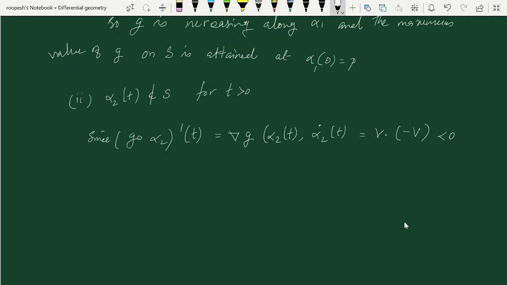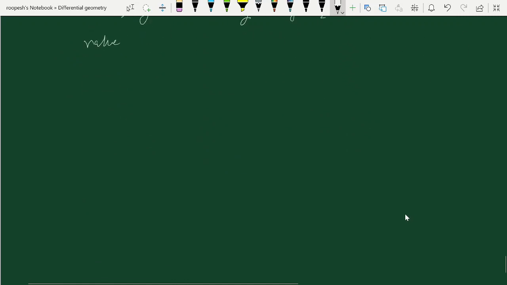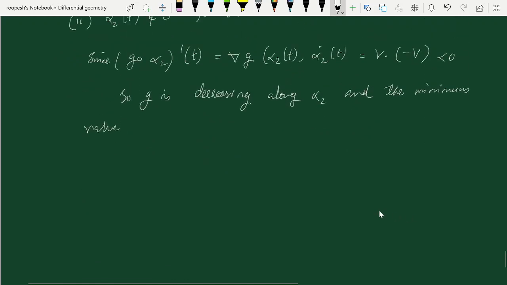So G is decreasing along alpha 2, and the minimum value of G on S is attained at alpha 2 of 0, that's equal to our point Q.